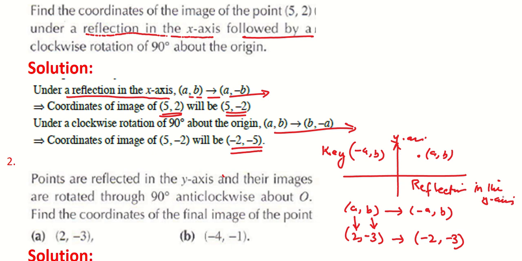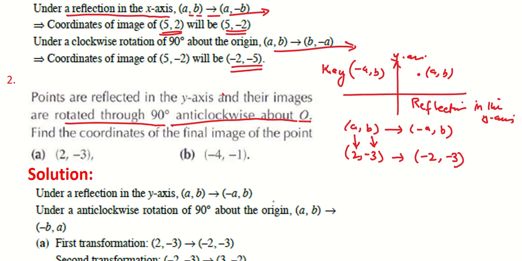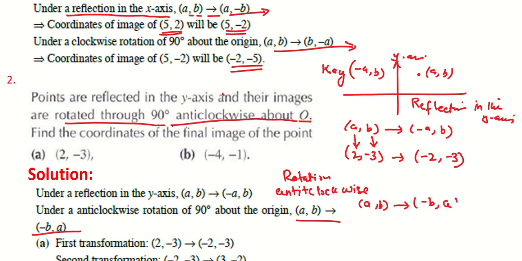Now, after taking this reflection, we rotate the resulting point anti-clockwise about the origin. First we have to find the key point. For rotation anti-clockwise, we change (a, b) into (-b, a).